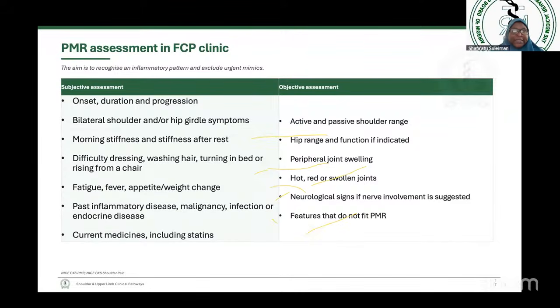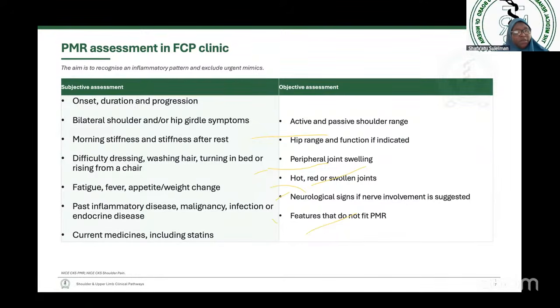Subjective assessment will include the onset, the duration, and the progression. Bilateral shoulder and or hip girdle symptoms, you've got to check for all of that. Is there any morning stiffness and stiffness after resting? Is there difficulty with dressing, washing hair, turning in bed, rising from a chair, or any overhead activity?